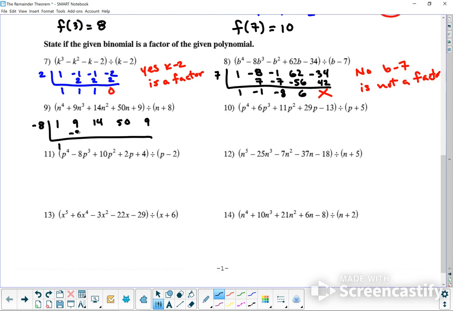So 1, negative 8, 1, negative 8, 6, negative 48, 2, 8 times 2 is negative 16. That doesn't work. Okay, so I'm going to say no, n plus 8 is not a factor.